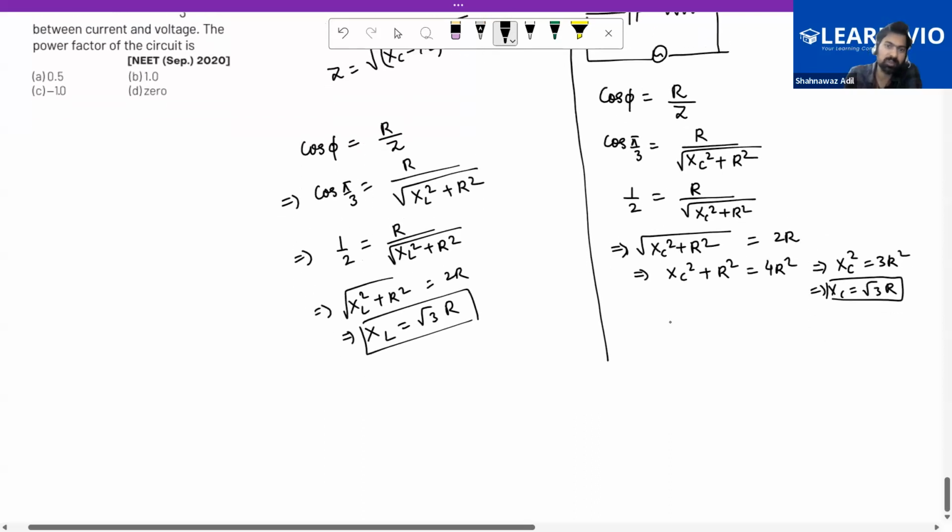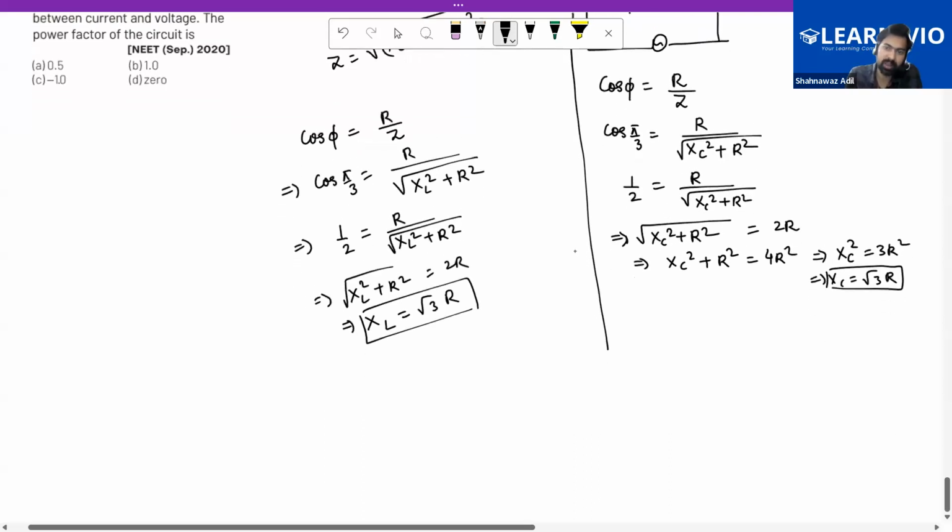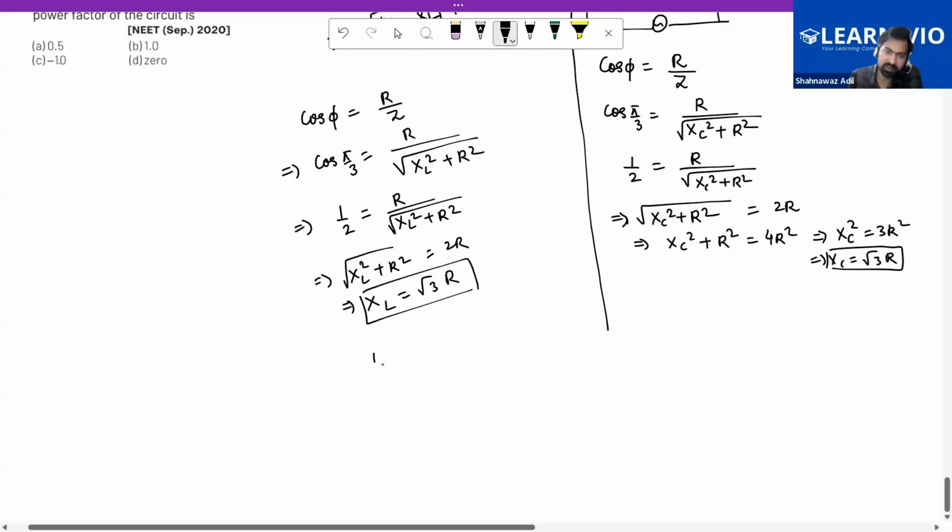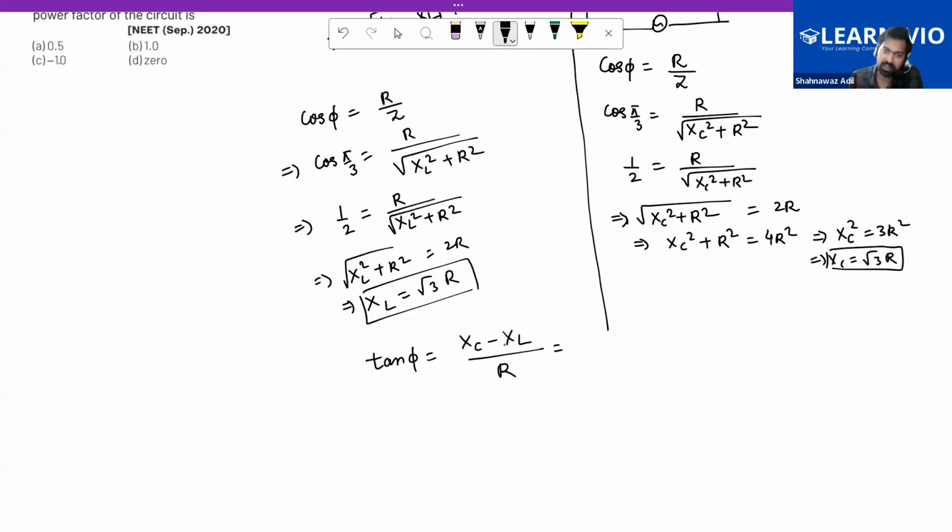So what would be the power factor? If we calculate the phase angle, tan phi is XC minus XL divided by R. XC is root 3 R, XL is root 3 R, so this cancels and becomes 0.